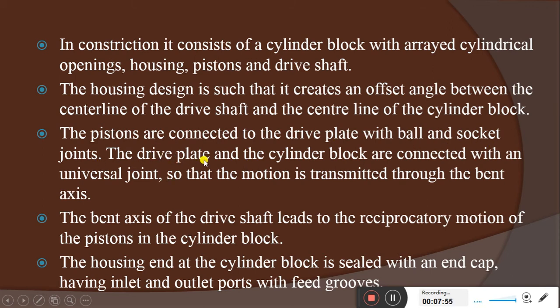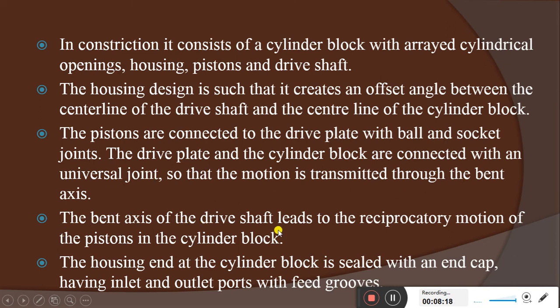The drive plate and the cylindrical block are connected with a universal joint, so that motion is transmitted through the bent axis. So what happens? The drive plate and the cylindrical block are connected by using the universal joint, so that the motion is transmitted through the bent axis.